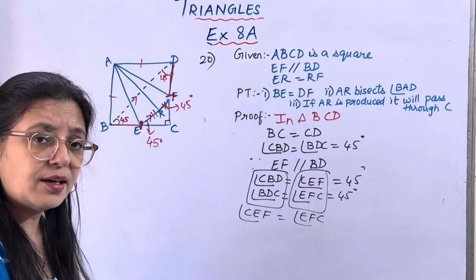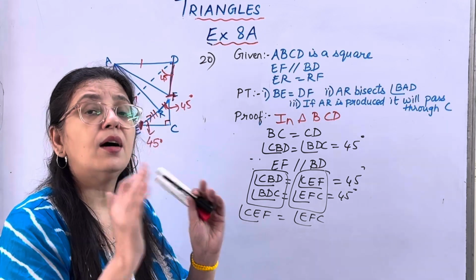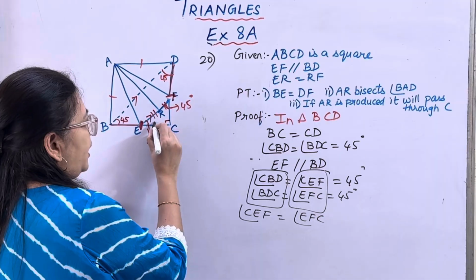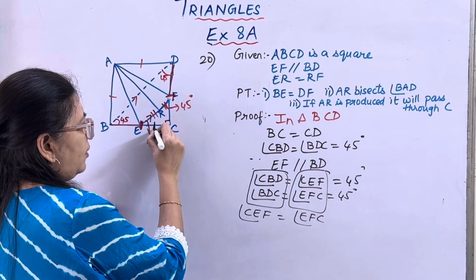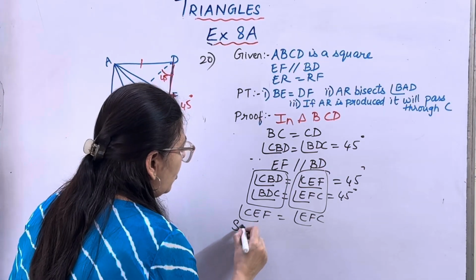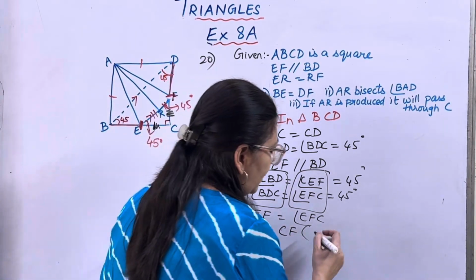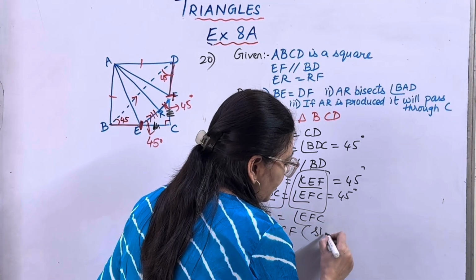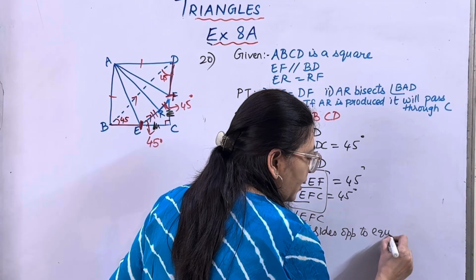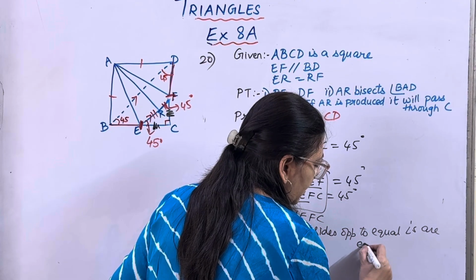If the angles are equal, the sides opposite to equal angles are also equal. So we can say that EC is equal to CF. What is the reason? Sides opposite to equal angles are equal.